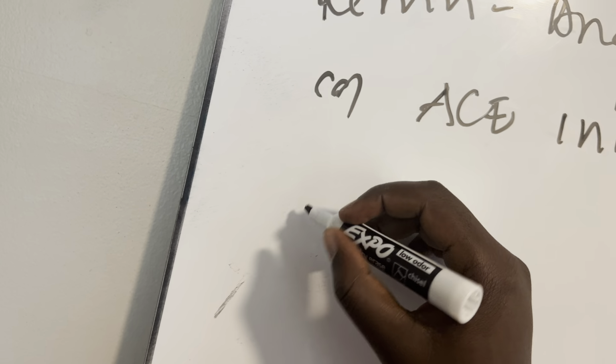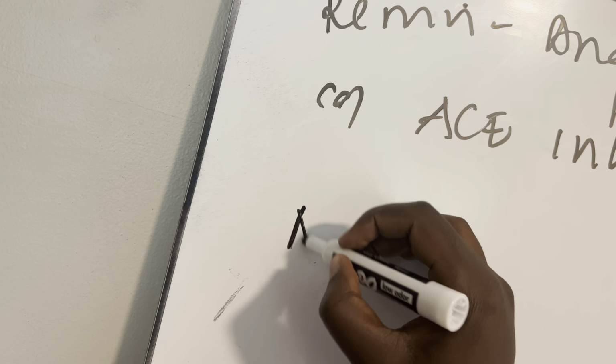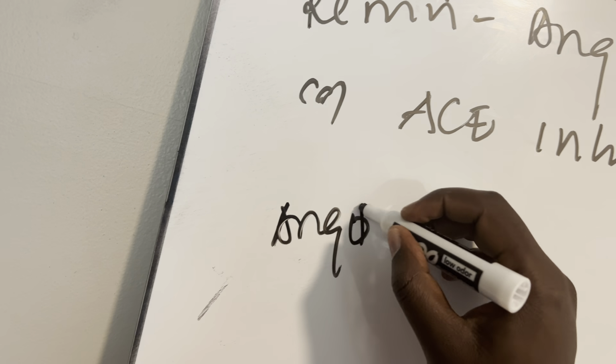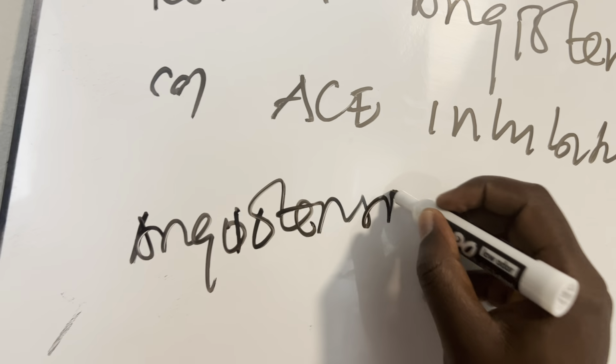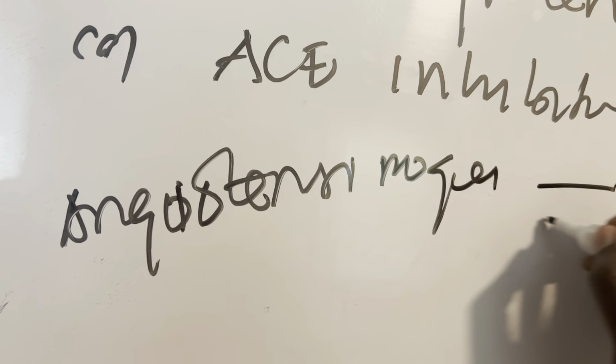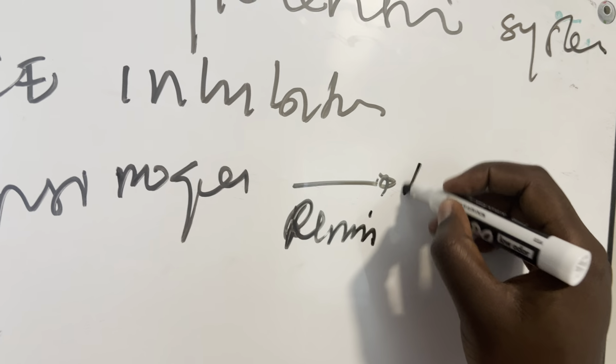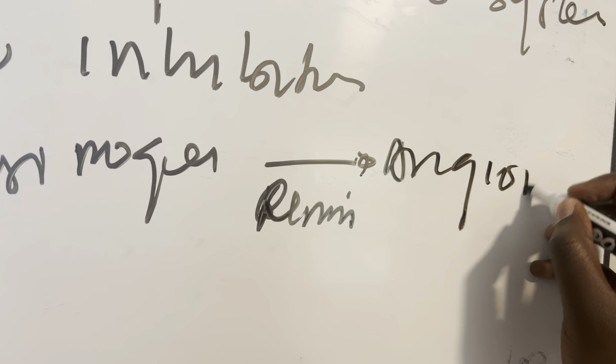So quickly, we know that there's a protein called angiotensinogen. It is converted by renin, a hormone found in the kidney, to angiotensin 1.